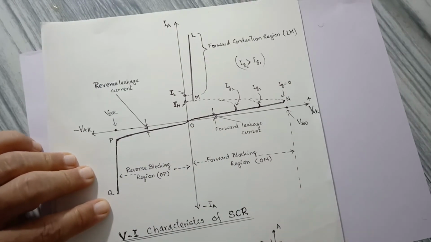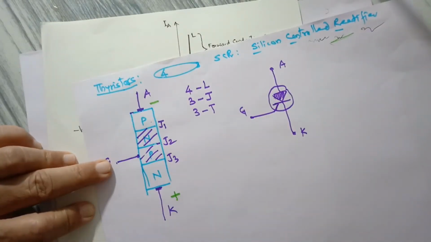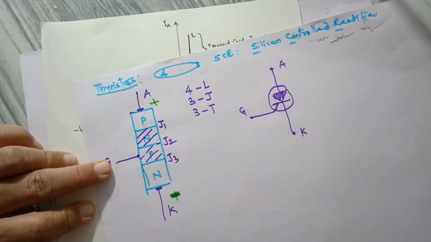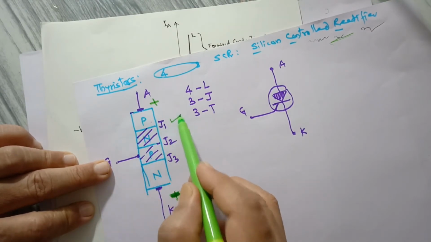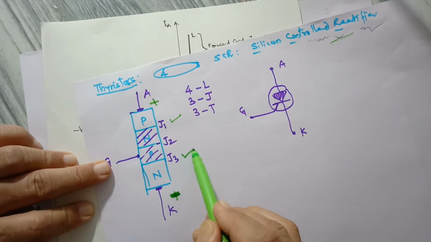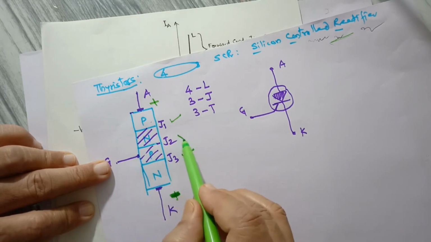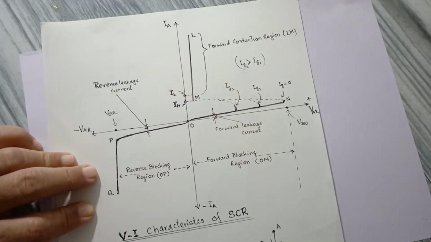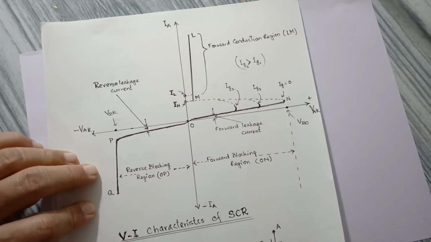Now think that the SCR is made positive. So when the anode is made positive with respect to the cathode, see that junction J1 and junction J3 will get forward biased and junction J2 will get reverse biased. Now for the discussion, we assume that the gate lead is open.